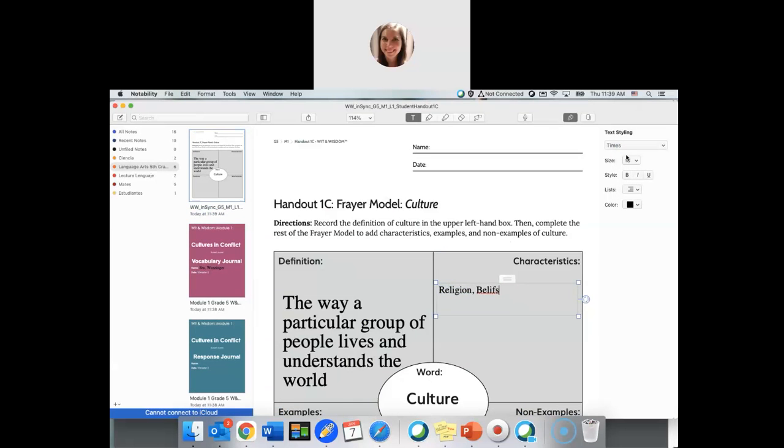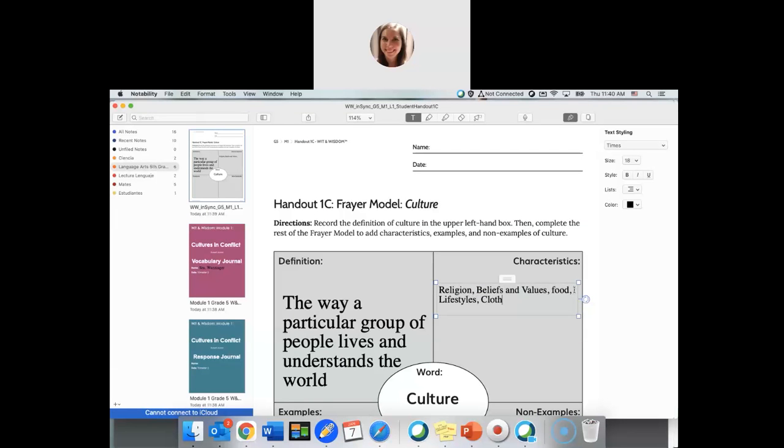Some of you have some good facts about Alaska and Hawaii. Some characteristics. Hey, if you did your homework yesterday, do we have some characteristics in here? Yes, we do. So what are some things that your culture might include? Very good, religion.